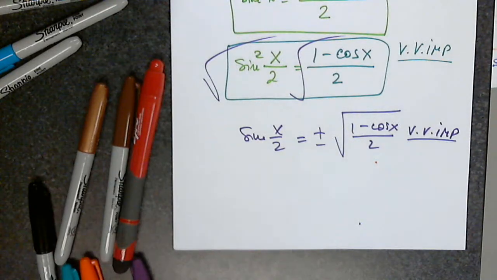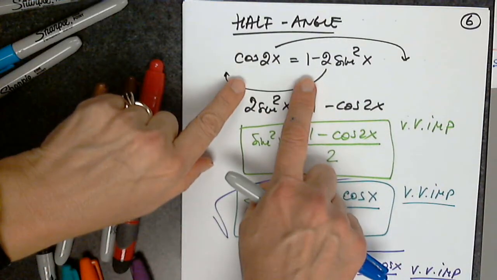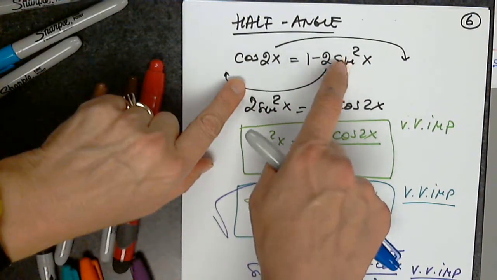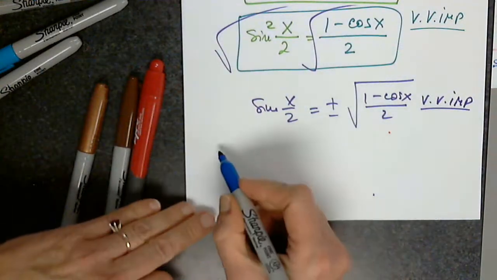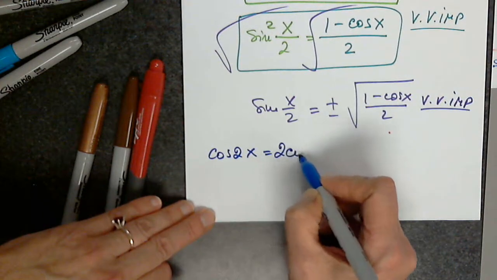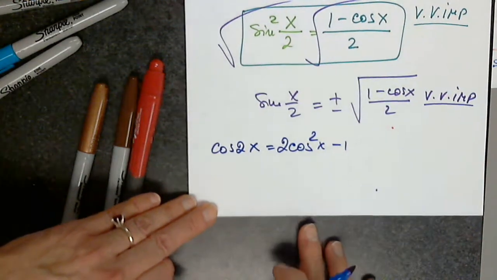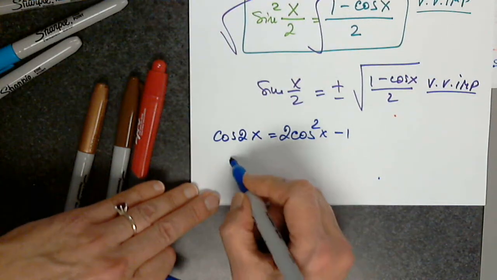The same thing, I would like to find the half angle for cosine. How do I start? With the same formula, but the one that has only cosine on this side. Can anyone dictate that? Cosine twice x equals, yes. Good. So now I'm solving for cosine squared x. I will add 1.